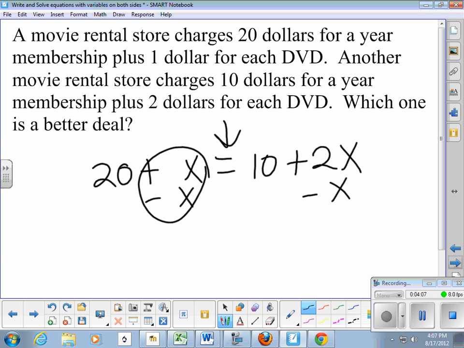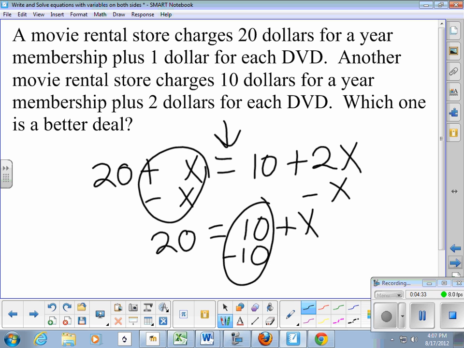there's a balance point. So 20 equals 10 plus 2 of them, take away 1 of them, just leaves me 1 of them. I could write 1x, but I'll just write x. Now I want to get the x all by itself, and I want to get rid of the 10.